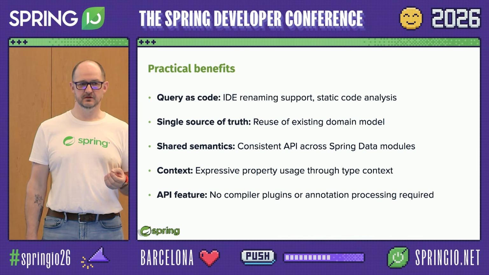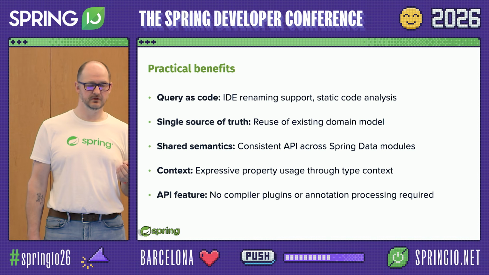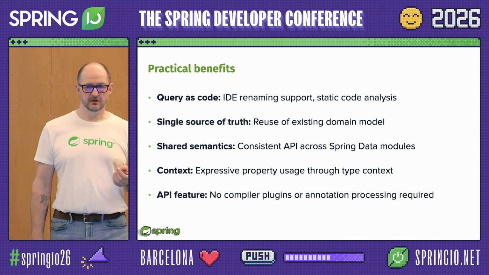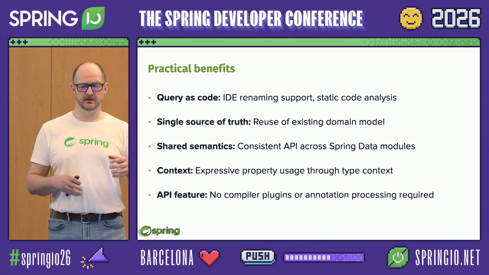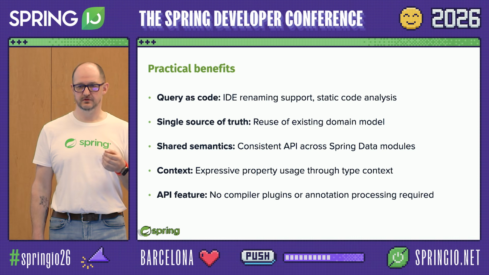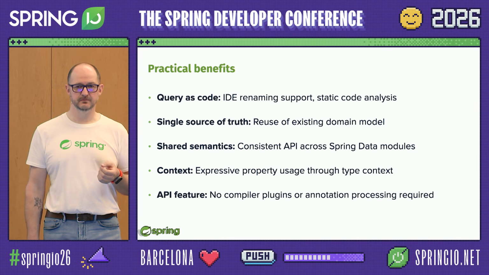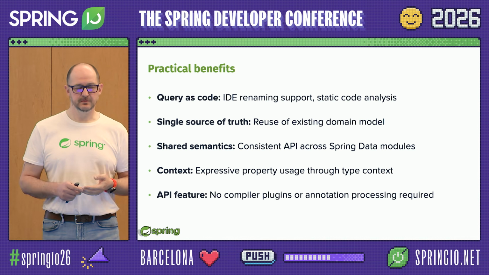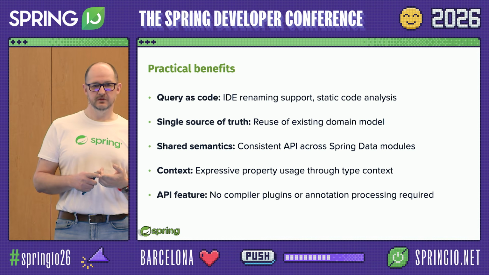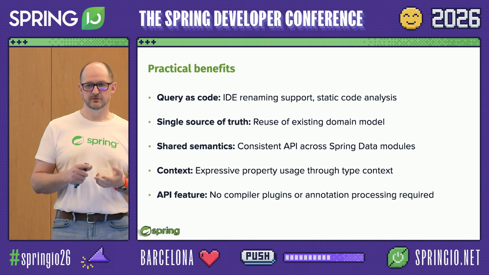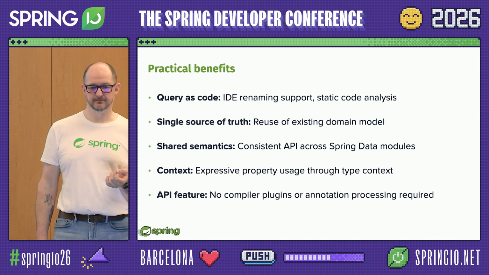So this makes it a great point for integration and allows us to participate for every single module that decides to upgrade and to adopt those type property paths. And practically speaking, we have support already for MongoDB, for Spring Data JDBC, for Spring Data Cassandra, and Couchbase that provide those APIs.